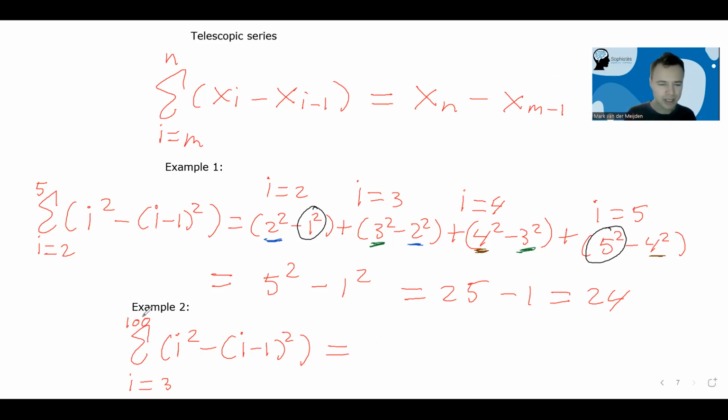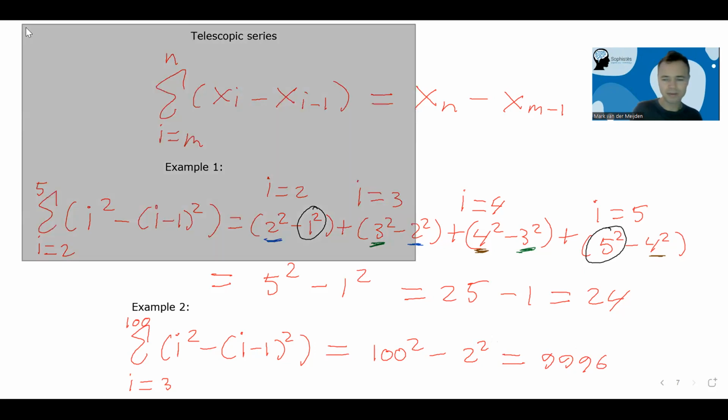So indeed, we fill in the n, so we get 100 squared minus the lower boundary minus 1, which is 2 squared. And then if you fill this into your calculator, you get 9996. Perfect. Okay. So let me show you a third example.